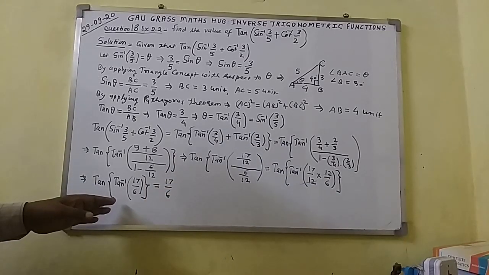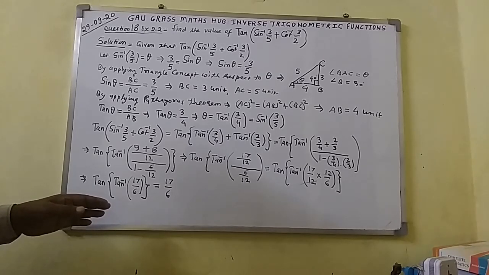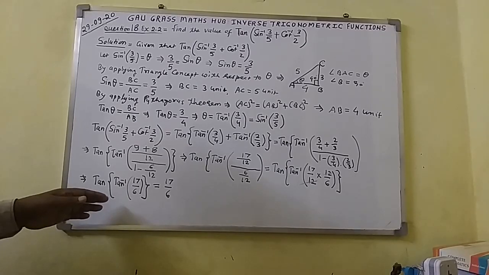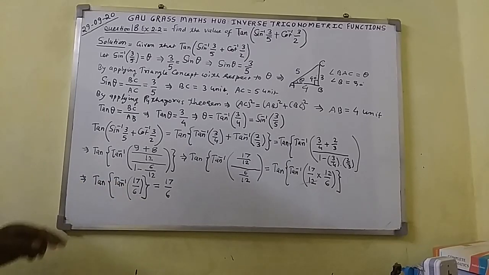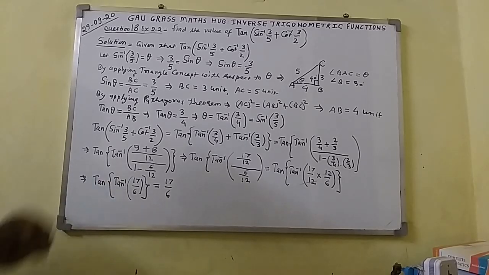Here you do not need to care about conditions or criteria for the principal value branch. In other words, you don't need to refer to the range of tan inverse, because in the main function tan is there, and here tan inverse is there.